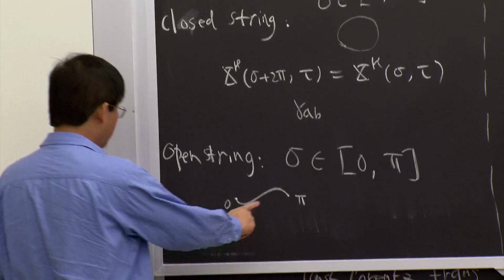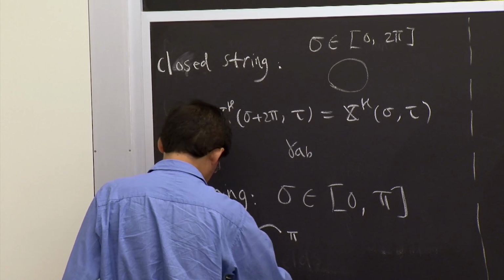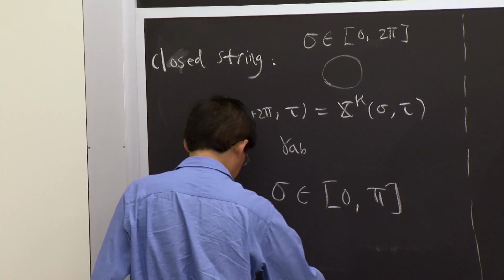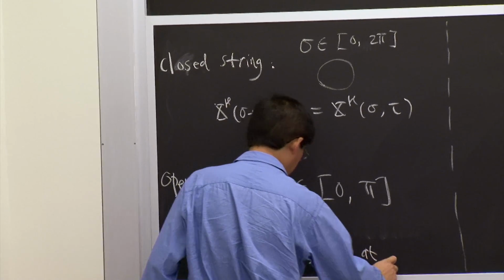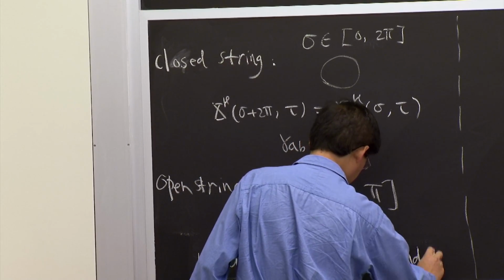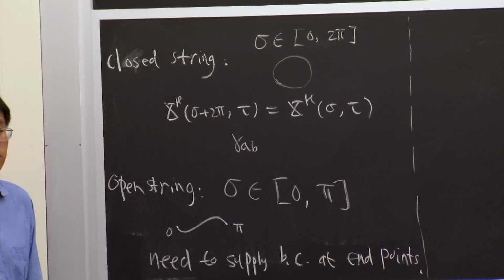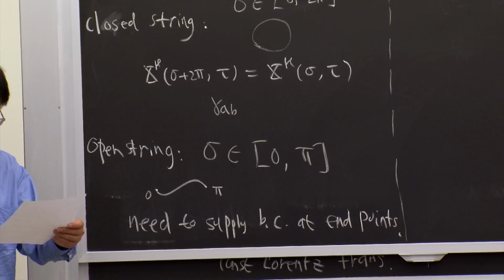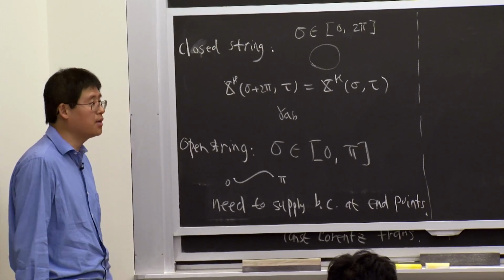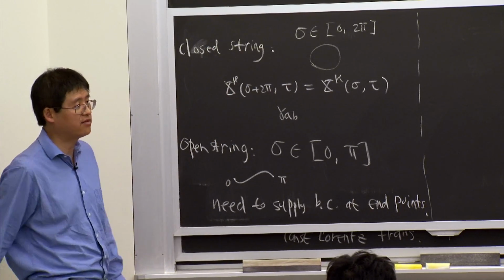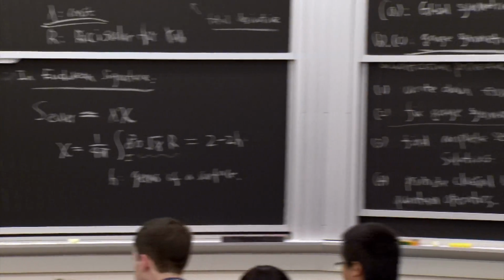For the open string, because you have boundaries, we need to supply boundary conditions at the endpoints. Good. So with this setup, we can now just follow those five steps to quantize the string.